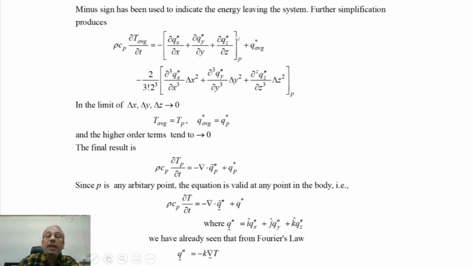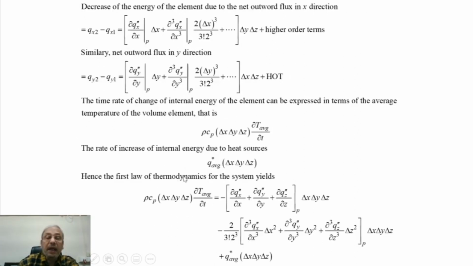What we are doing, basically, we are cancelling out this delta x, delta y, delta z, that means the elemental volume, that gets cancelled out from all the expressions: the time rate of change of internal energy, the flux of energy and the generation of energy.